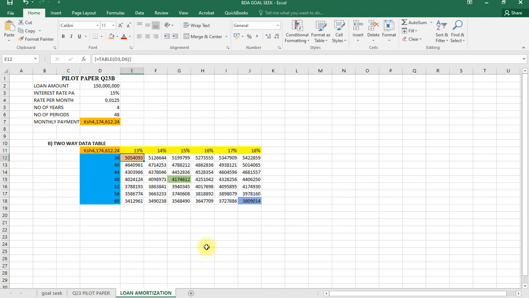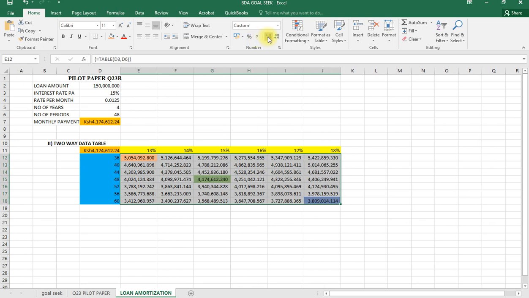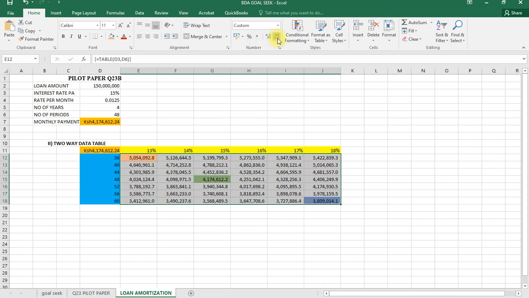And if you look at those values of ours, you just use the 1000 separator and use just 0 decimal places.